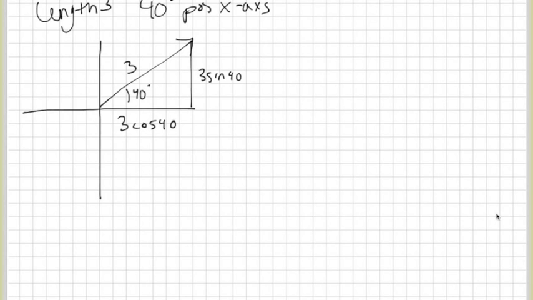I was already thinking about it: if in a triangle cosine is equal to adjacent over hypotenuse, then the cosine of 40 should be the adjacent over hypotenuse, or that side would be 3 cosine of 40. Or sine of 40, and I would multiply by 3.